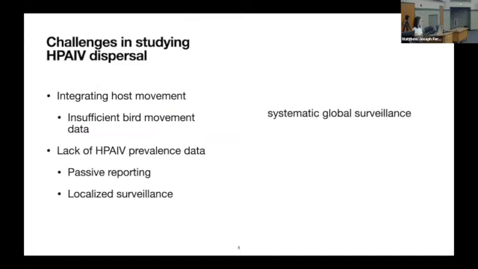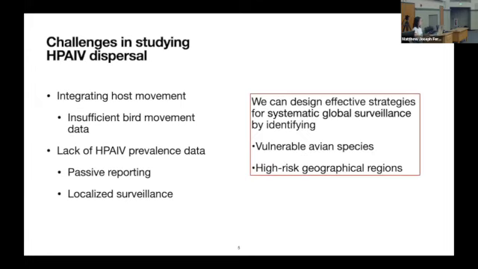So we want a global surveillance of avian influenza to address this challenge, but also to address the problem of avian influenza outbreaks. To design such effective surveillance strategies, we need to identify vulnerable avian species as well as high-risk geographical regions where these species get exposed to the virus.